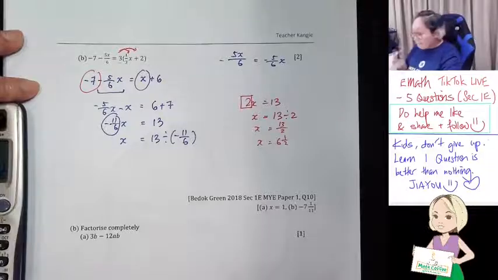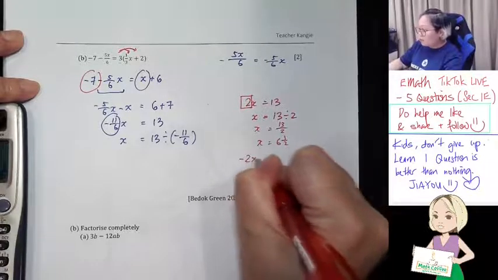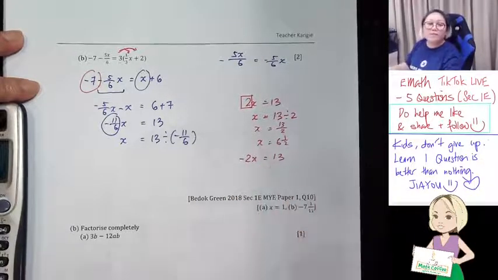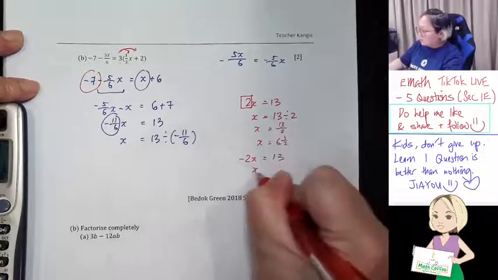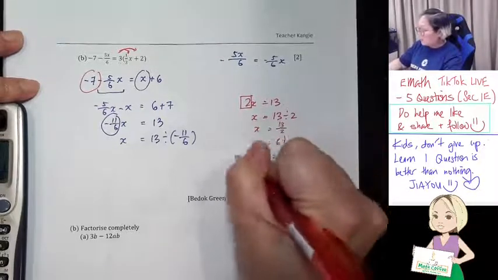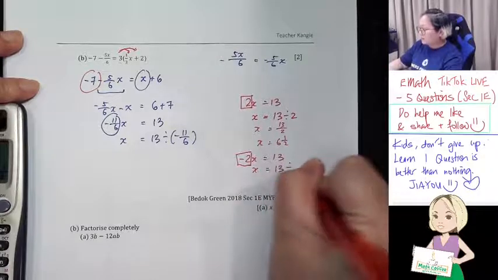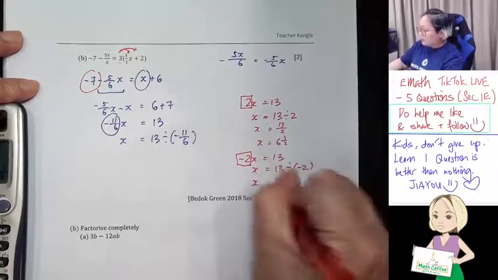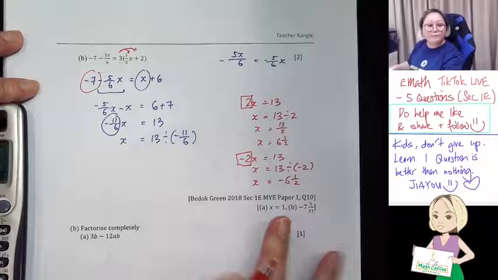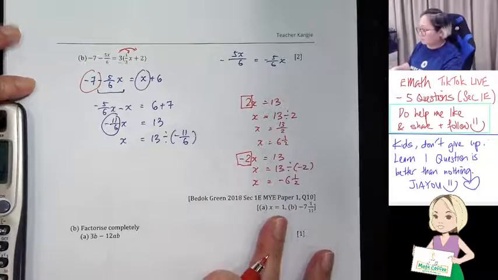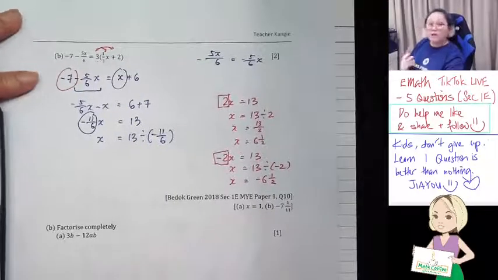Right? Then when students have minus 2x equals to 13, maybe it slightly confuses a bit, but it's still the same. To solve x, the number in front is negative 2, so you just take 13 divided by negative 2. So my x is negative 6.5. And now it gets more confusing, right?